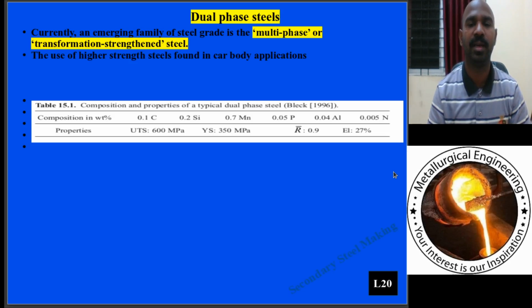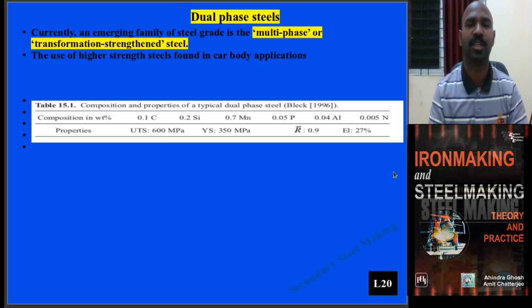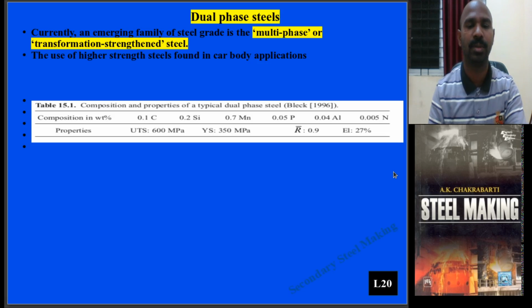And this particular steels find application in the car body or automobile industry, which possess high strength and low weight, and you can deform to you will be getting the 100% elongation in this kind of steels.